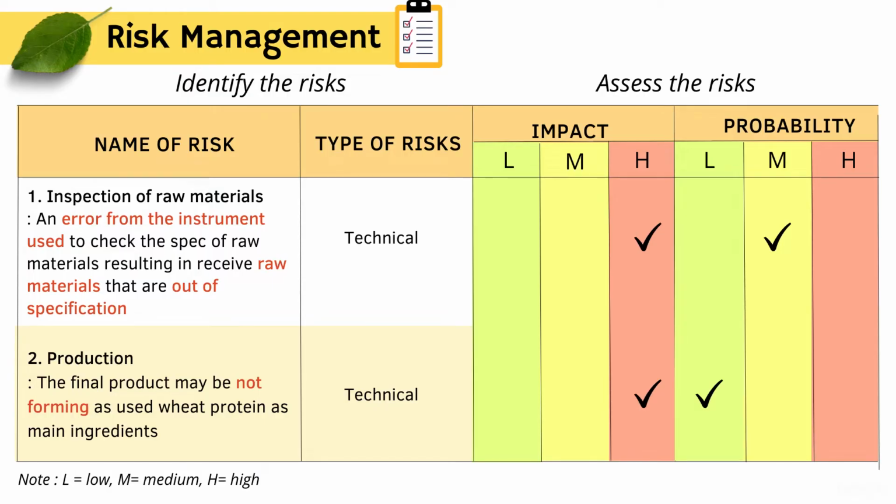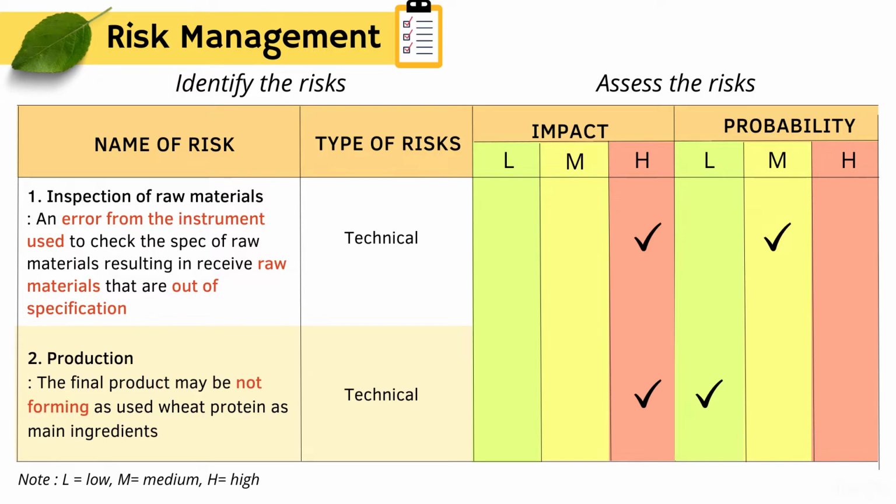The first risk, identified as technical, is an error from the instrument used to check the specification of raw material before processing. This type of risk has high impact but medium probability.